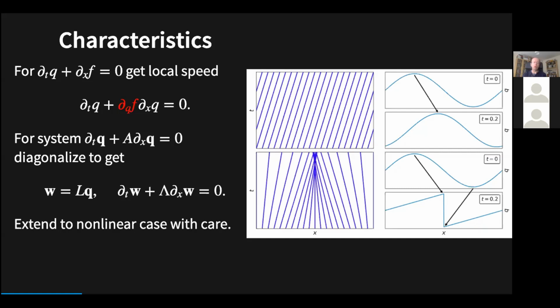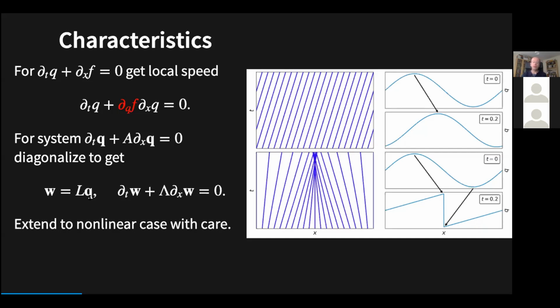For our purposes, what that means is that the matrix is diagonalizable with a complete set of real eigenvalues, with a complete set of eigenvectors that totally span the vector space given by Q. What that means is that on diagonalizing the matrix A, we can do a conversion to the characteristic variables W. So W here are given by multiplying the matrix of left eigenvectors into the original variables Q.